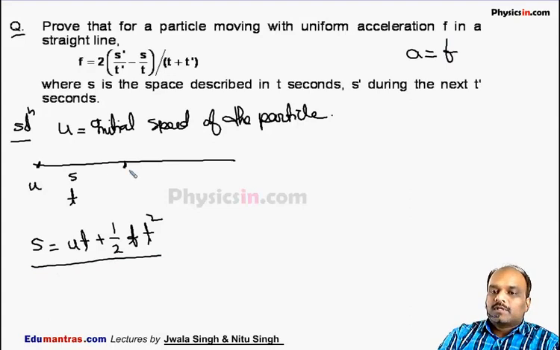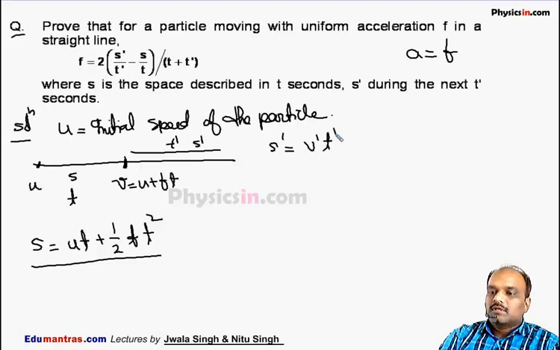So this is the first part. Second, here the velocity becomes v, which is equal to u plus f into t. Now in the next t dash seconds, this time is t dash, it travels a distance s dash. So I can say s dash is equal to v into t dash plus half f into t dash squared.